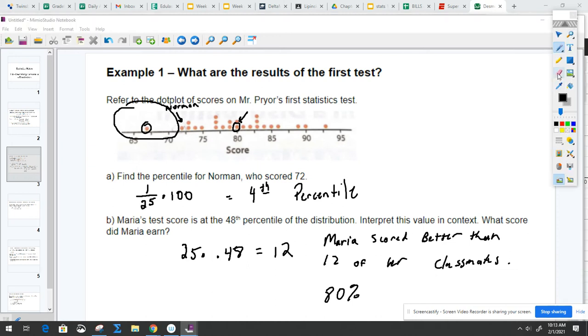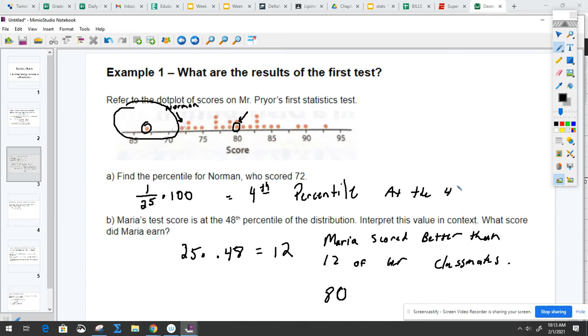Okay, so that's how you use the data. Let me go back to that. The two types of questions I could ask you from a data point are: find the percentile, where we add up all of the values to the left of it and divide by the total, and that gives us the fourth percentile. When we do that, we say it's at the fourth percentile. Let me make sure I write that down.